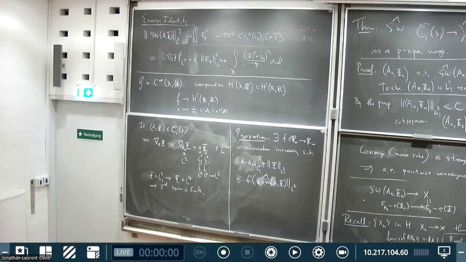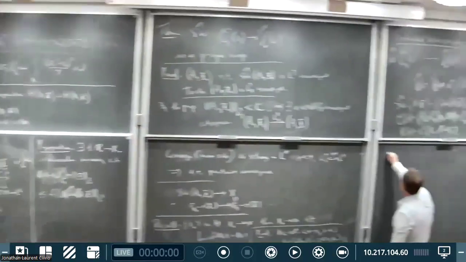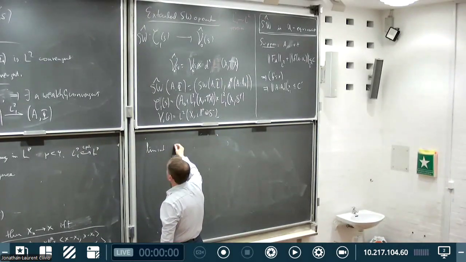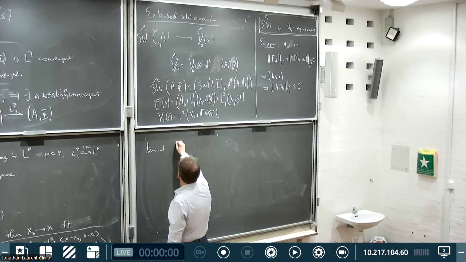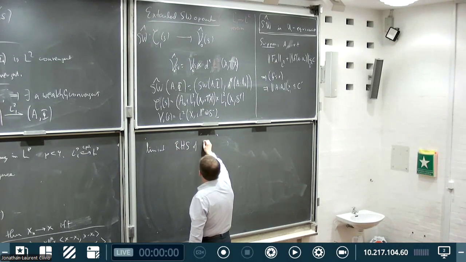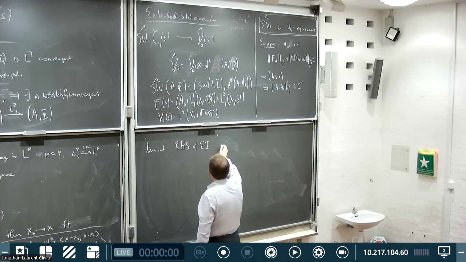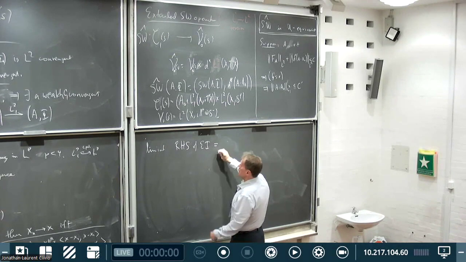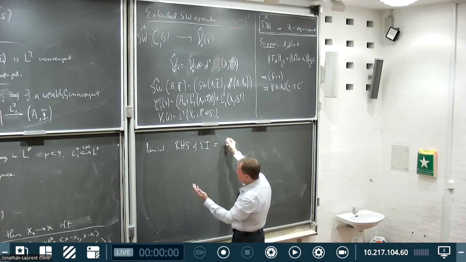So what we learn is that the limit of the right-hand side of the energy identity is equal to just what it says there.